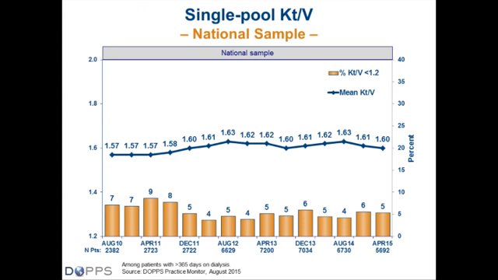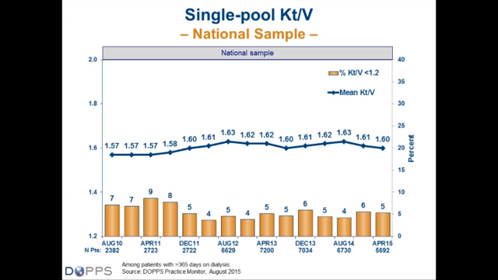Single pool KT/V, this is also a measure on the star rating system, also part of the current QIP. The patient level mean KT/V has fluctuated between 1.57 and 1.63. Currently in April 2015 it's at 1.6, so long-term trend is not very clear, but relative stability around 1.6.